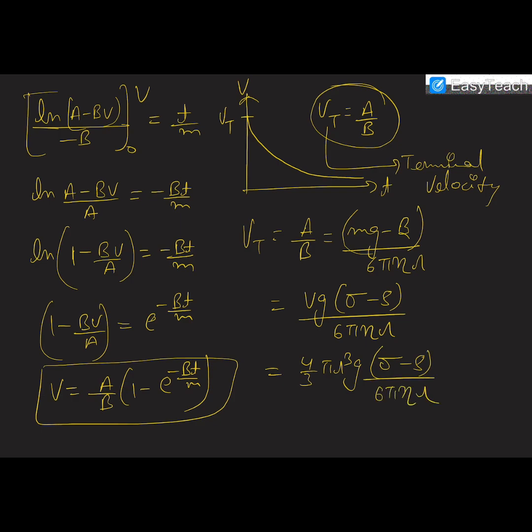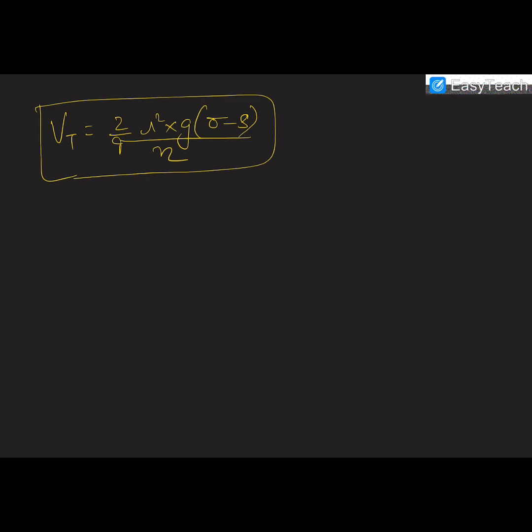So this will give us the terminal velocity, v terminal, as 2 by 9 r square into g into sigma minus rho upon eta. This is the terminal velocity.